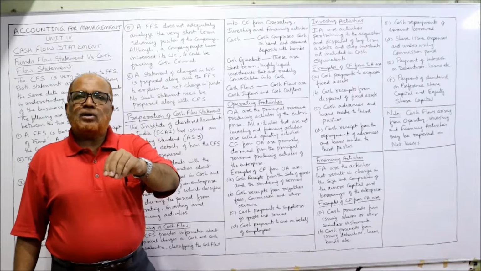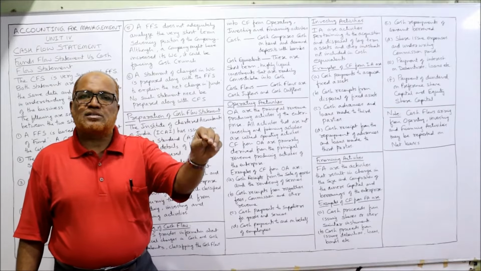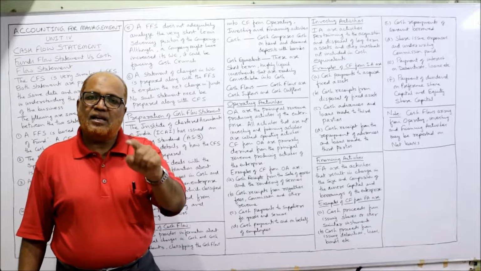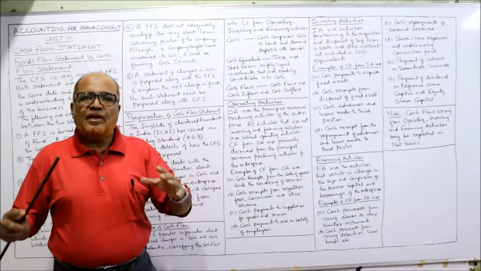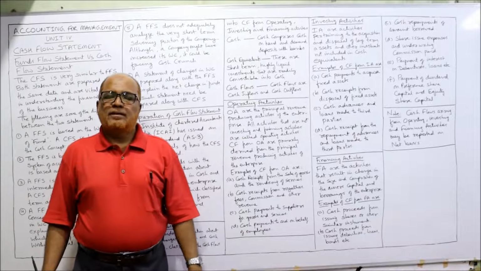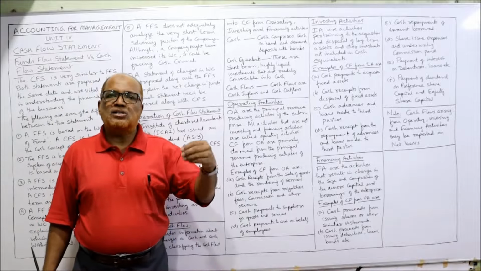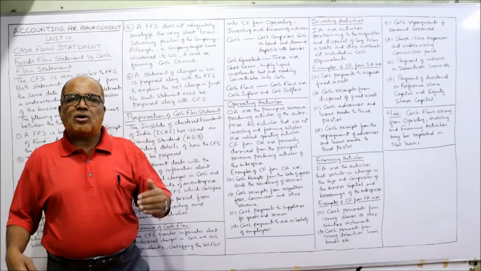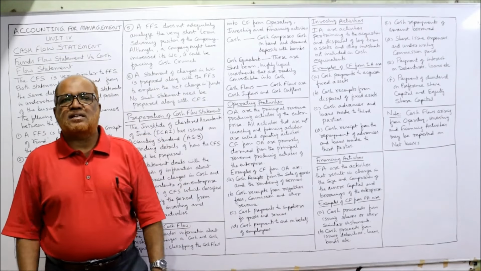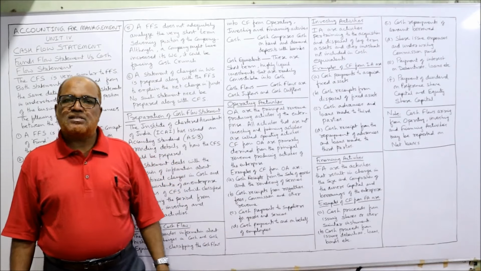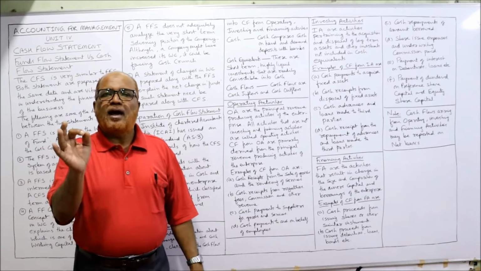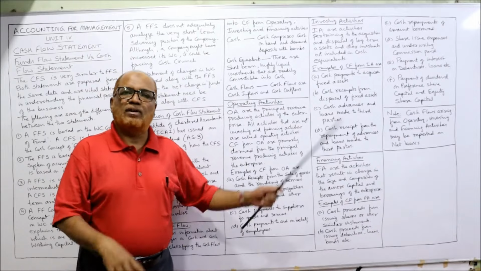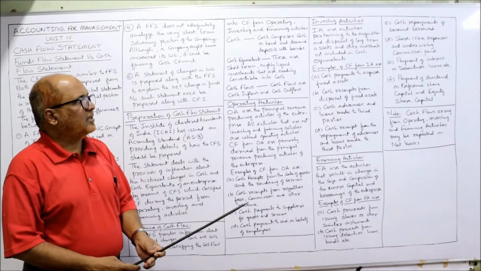So any amount paid for purchasing the fixed asset is an investing activity. Similarly, sometimes an old asset is sold away, disposed of. The amount realized on disposal of fixed asset is an investing activity. Simply, acquisition and disposal of fixed assets will come in the investing activity.